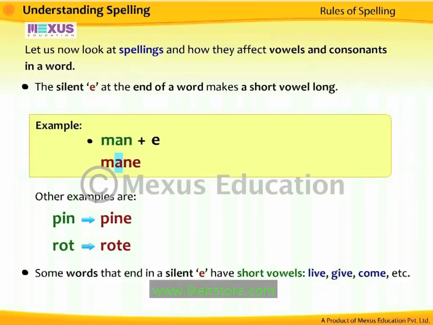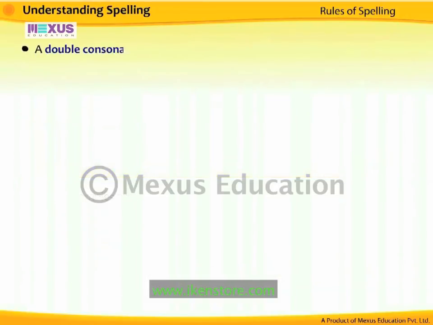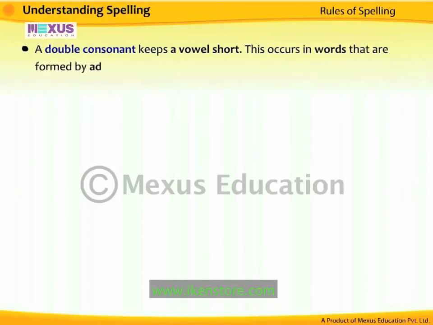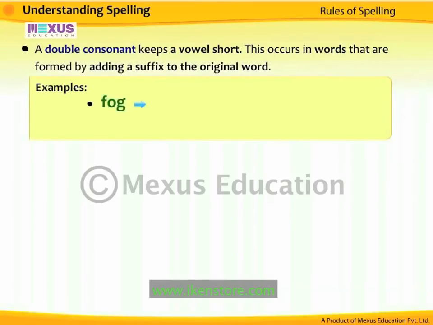A double consonant keeps a vowel short. This occurs in words that are formed by adding a suffix to the original word. For example, fog becomes foggy. Win becomes winning. The consonant is doubled in the new word.